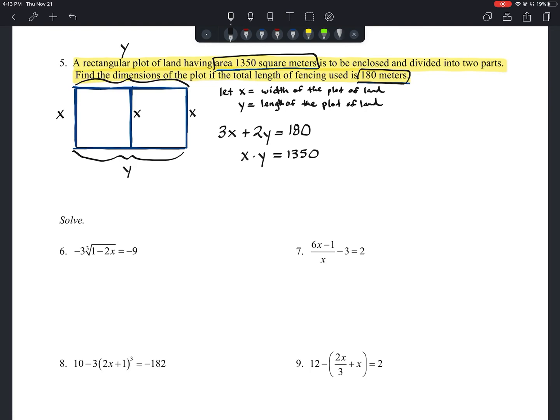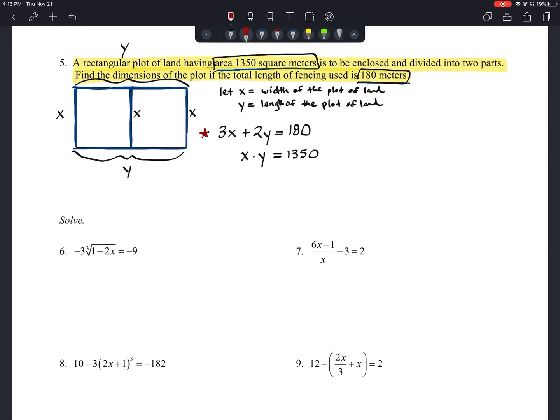So now we need to solve to figure out what the values of X and Y are going to be, and you can do this a variety of ways. The way I'm going to do it here, I'm going to take this equation and isolate one of the variables. Let's choose Y. We're going to get Y by itself.